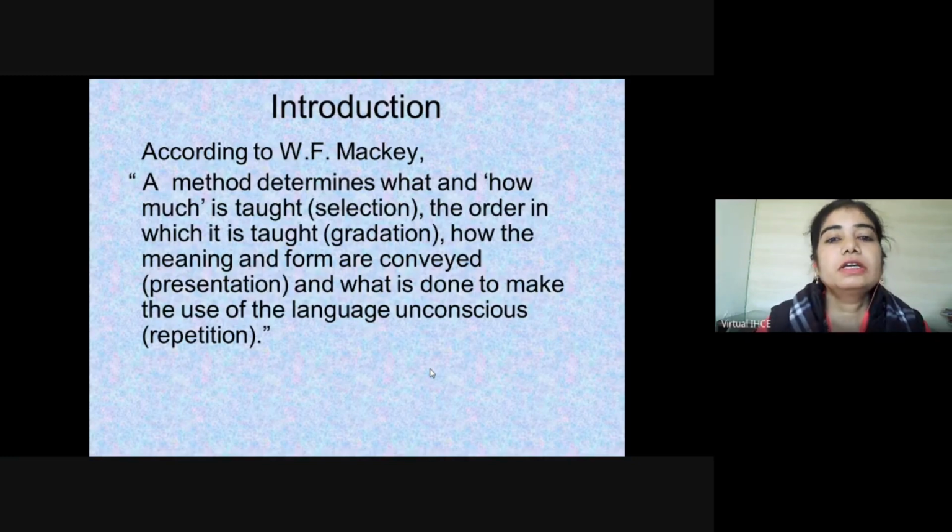So you can give this definition of method, and also you can use this definition of method in your teaching subjects wherever you require it. Whenever you are explaining some method, you can write this definition of method in the beginning during the introduction.